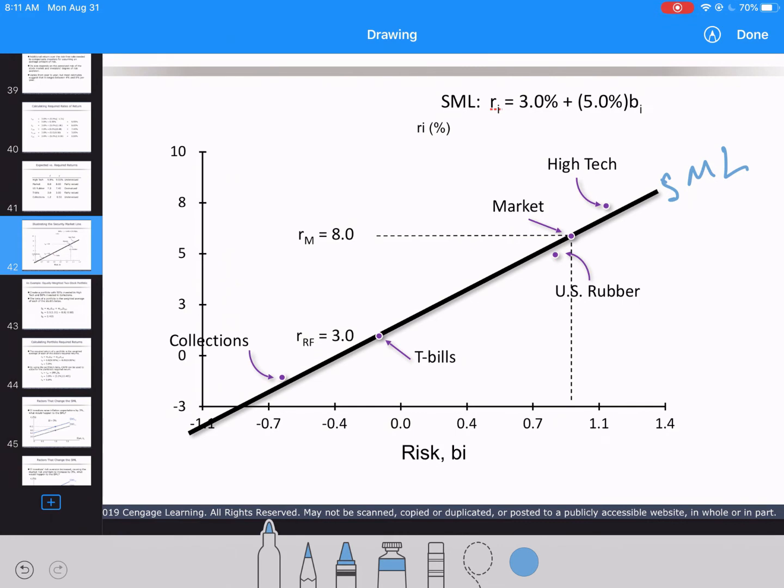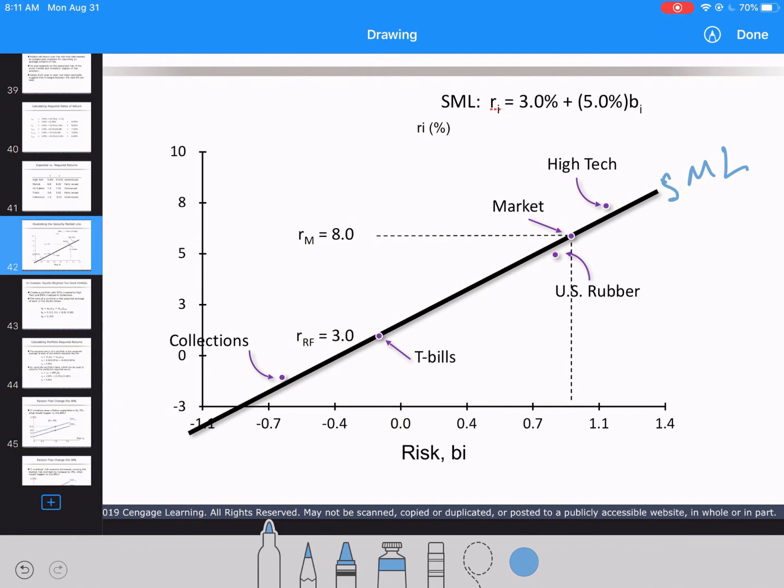Do you think in the long run undervalued and overvalued securities will exist? You say no. When somebody finds out that high tech is undervalued, they will go for it, prices will rise, and high tech will move to the SML.